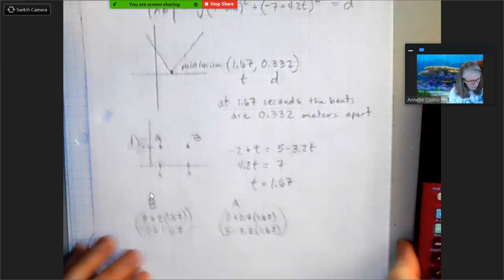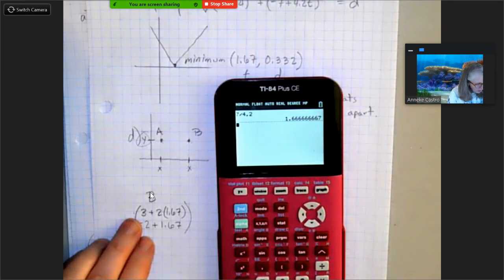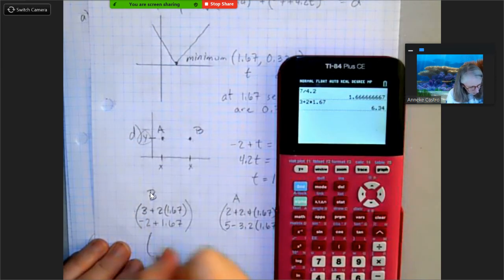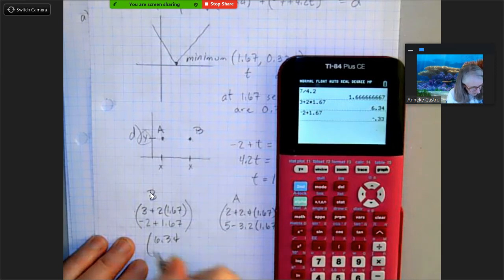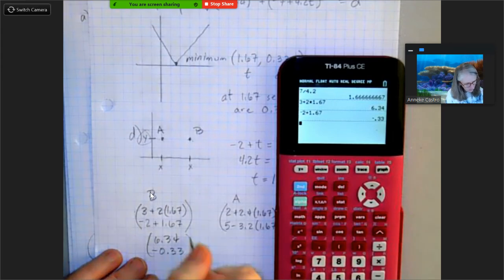Okay, so if we multiply these out, 3 plus 2 times 1.67 is 6.34. And then -2 plus 1.67 is -0.33. And that's where boat B is going to be.